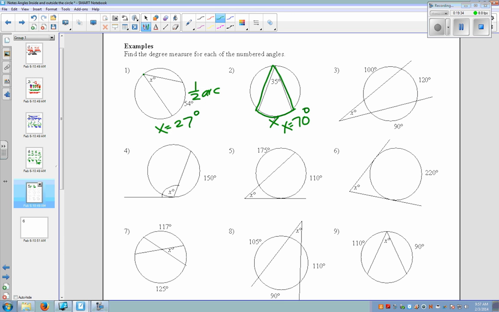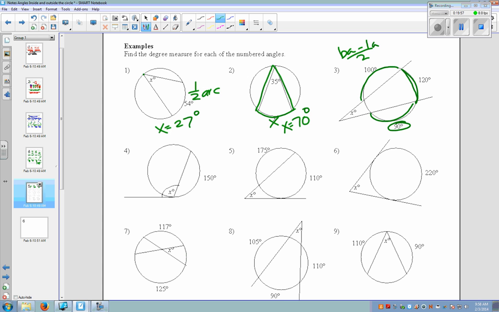All right, number 3. Where is it? It's outside. So think of your formula. Big arc minus little arc divided by 2. So we got to find the measure of those arcs, guys, in order to find the angle measure. The big arc is 120. We need to find the measure of the smaller arc. Well, look, you have all the other numbers. You have 90 plus 120 plus 100.